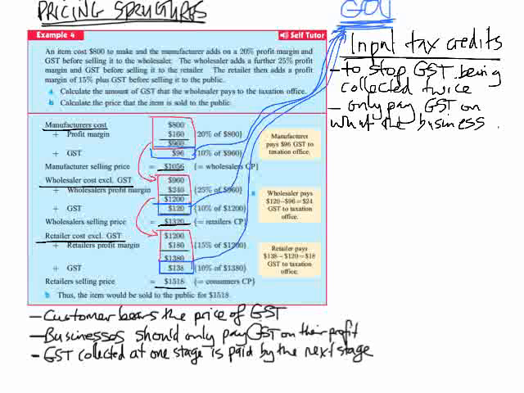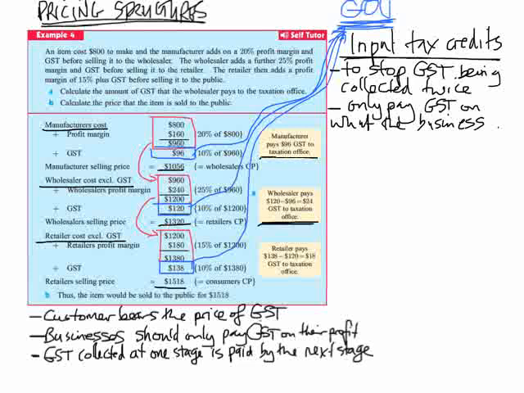It's actually easier for us to have a look at the middle one first. Now let's have a look. The manufacturer collected $96 of GST, which the wholesaler paid in their cost price, and the manufacturer sent that $96 all the way to the government. Okay, so the manufacturer, as you can see here, pays $96 straight up of GST to the taxation office.